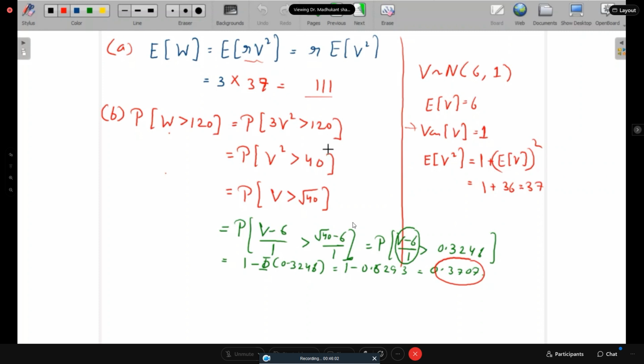That's so, sure. Okay. The probability that V square is greater than 40.